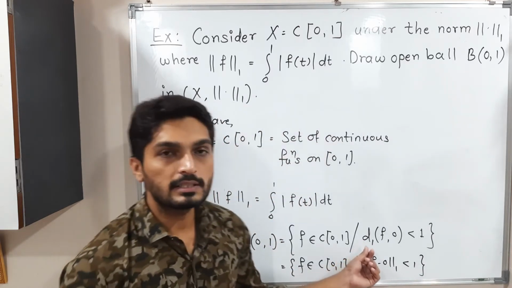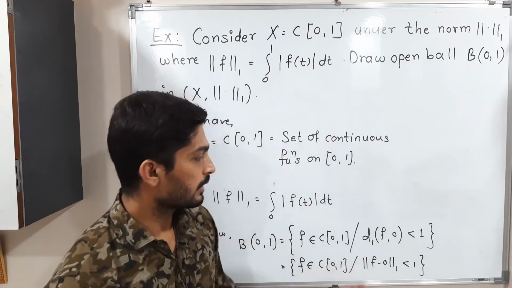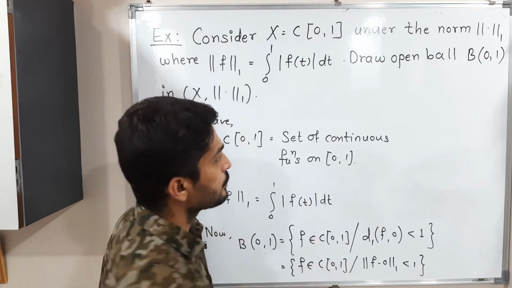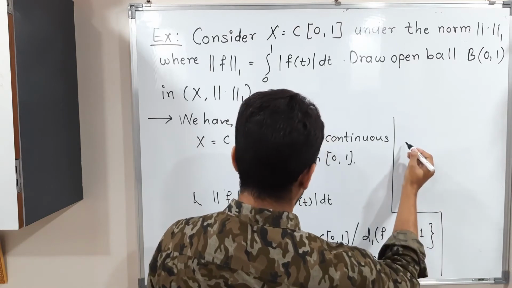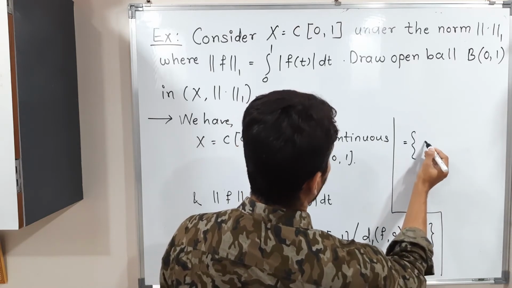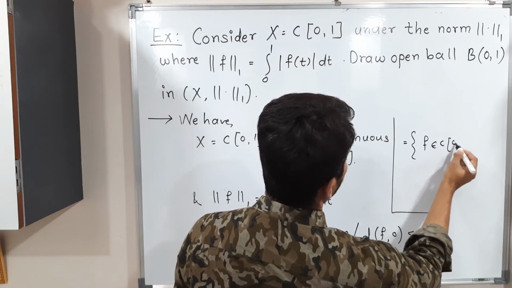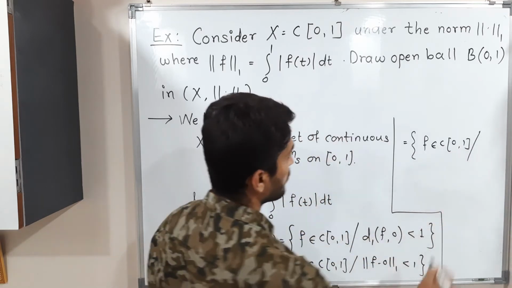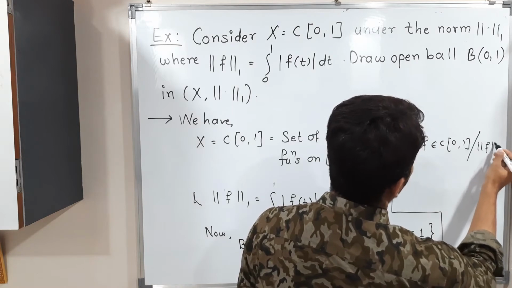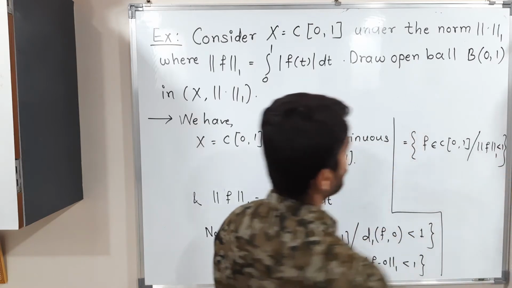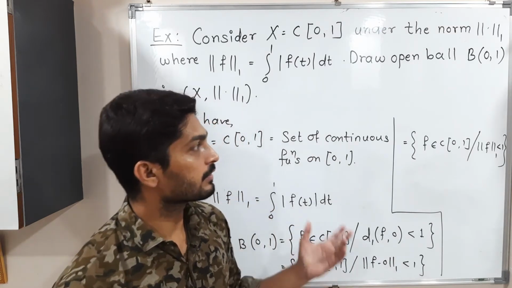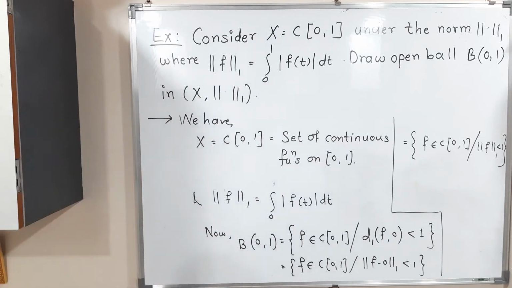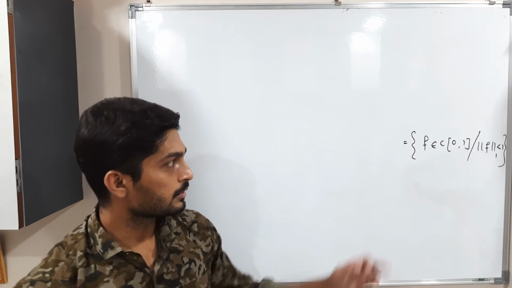Since d1 is the metric induced by norm 1, and f minus 0 is f, this is equal to the set of f belongs to C closed interval 0 1 such that norm f1 is less than 1. So this is the open ball we have. It is better to take a screenshot of it, and after that we will complete the remaining part of this problem. Please make a screenshot of it. So this was our last step.